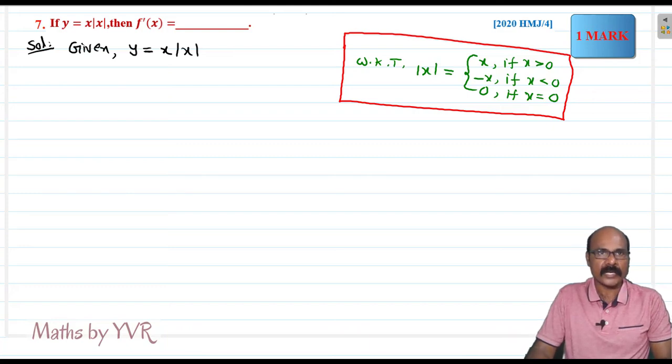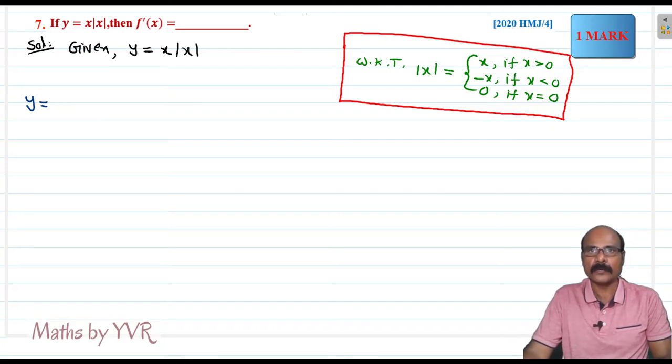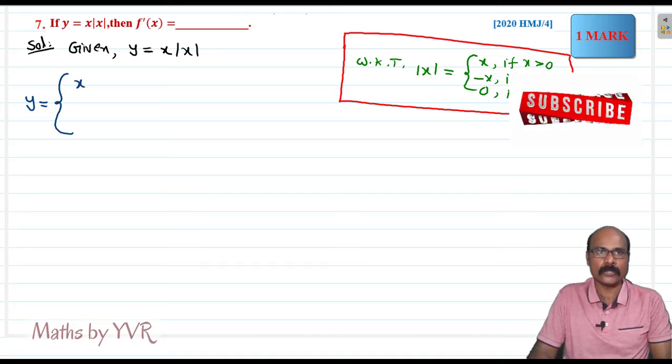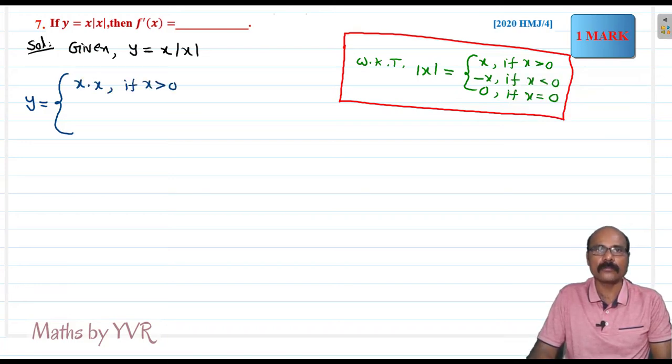Okay, so look here, y is equal to x into mod x. For mod x we have these conditions, so the y function we will get like this. x into mod x is equal to x into x, which is x squared, if x is greater than 0.